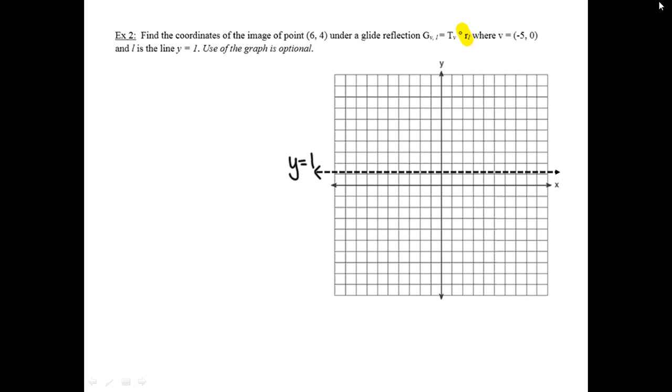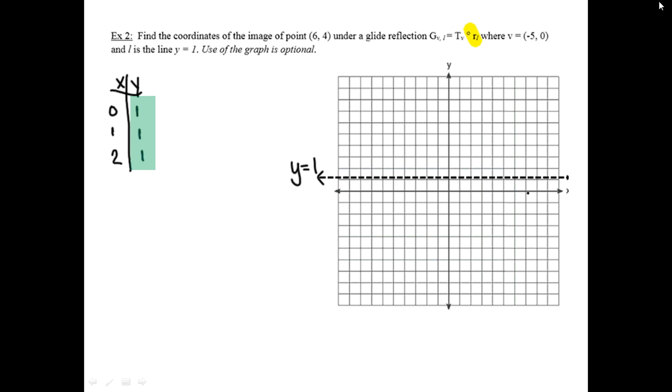The line whose equation is y equals 1 is going to be a perfectly horizontal line that passes through the y-axis where the y value is equal to 1. If you have trouble graphing this line, set up a little table, keeping in mind the fact that the y values are restricted to 1, and the x values can be anything that you want. You'll see that the points 0, 1, 1, 1, and 2, 1 all fall on this line.